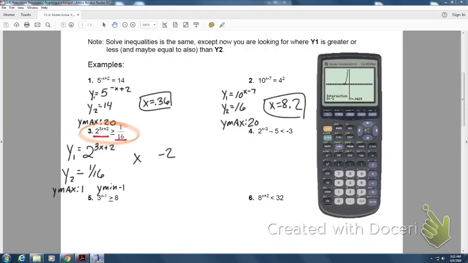The part of my exponential graph that is above or equal to that line is right there. So all of the x values that are greater than or equal to -2. Okay? The sign that is in the problem is the sign that you will use in your answer.